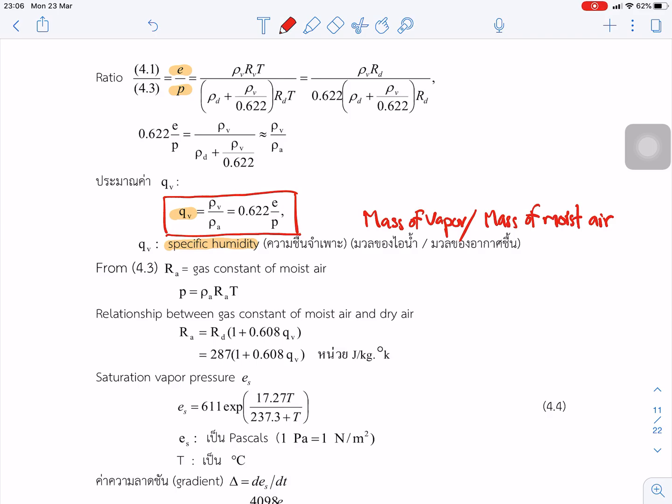The gas constant of the moist air is a function of q_v.